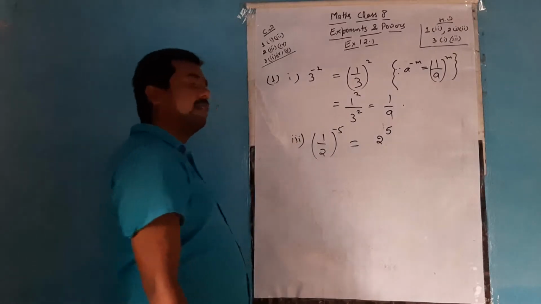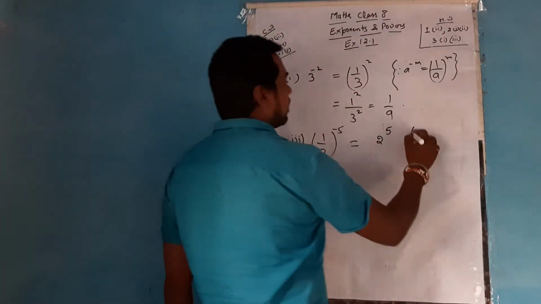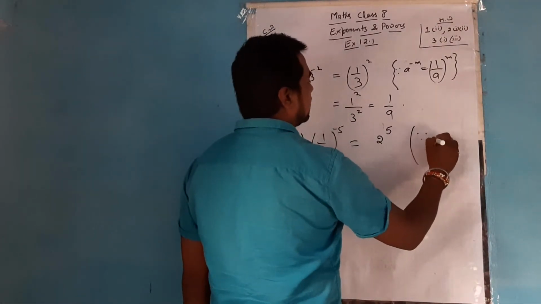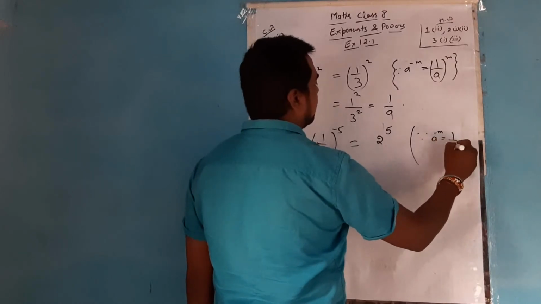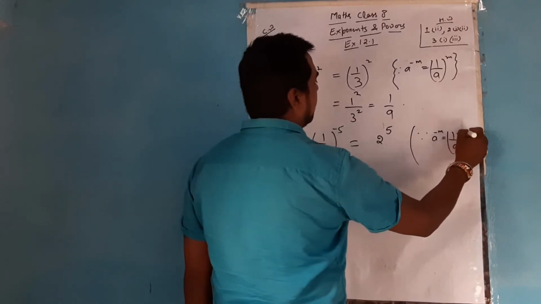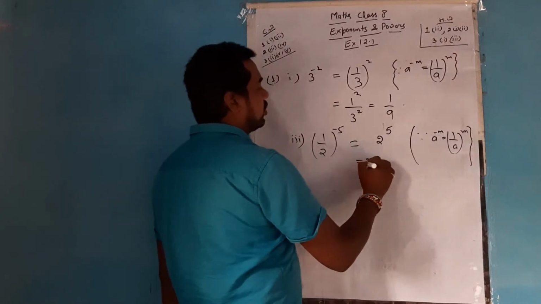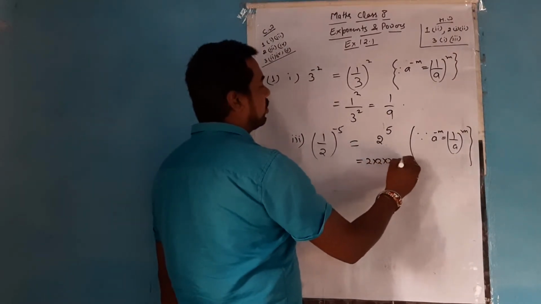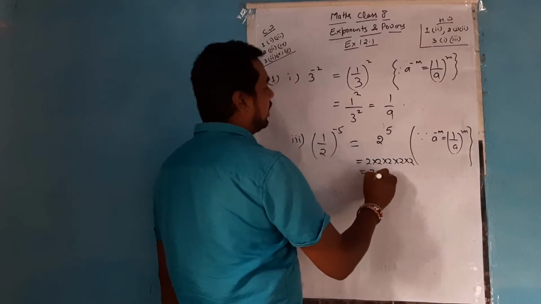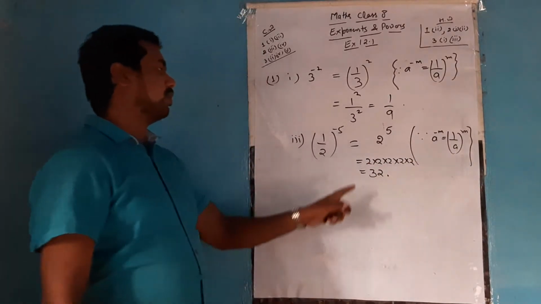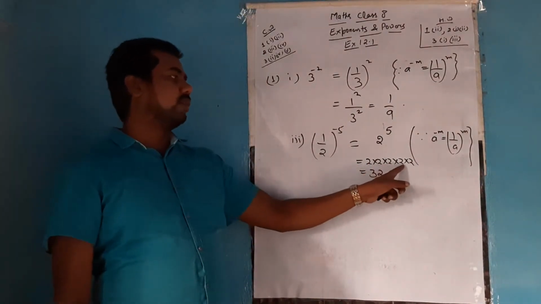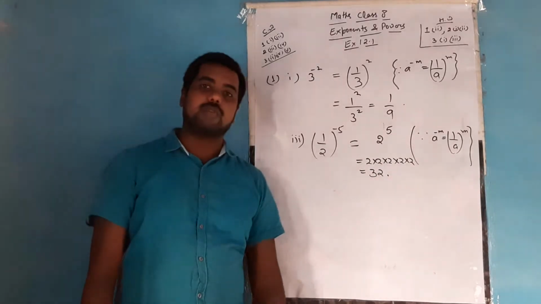So that becomes 2 to the power 5, keeping the same law, a to the power minus m is 1 by a to the power m. So 2 to the power 5 is 2 into 2 into 2 into 2 into 2, which equals 32. 2 2s are 4, 2 4s are 8, 2 8s are 16, 2 16s are 32.